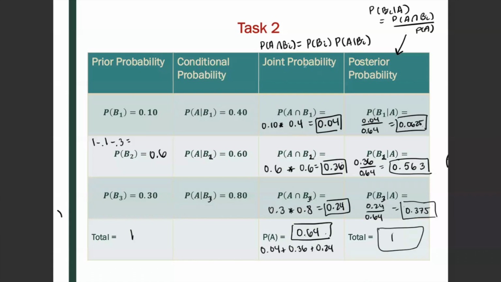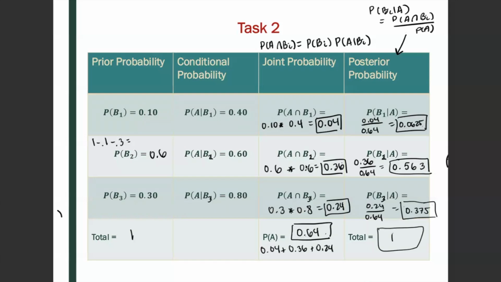So the probability of Bi, let's first look at B1. When i equals 1, the probability of B1 was given in this first column, so that's 0.1. And the probability of A given B1 is given in the second column. So we're going to multiply this first number by the number in the second column, which gives us 0.04.